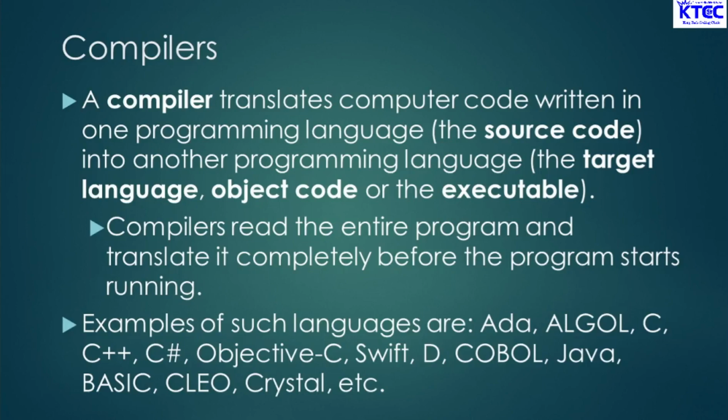That is the zeros and ones, the executable, the target language, and that is the machine language. The compiler translates the source code from C++ to zeros and ones for the computer to be able to absorb, understand, and then process and give us the feedback we need.